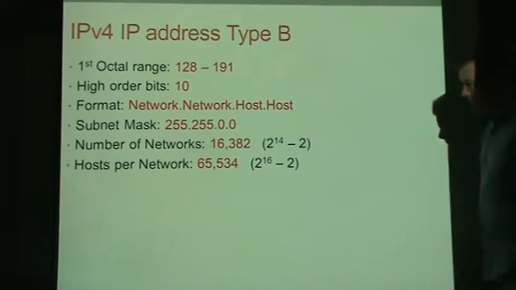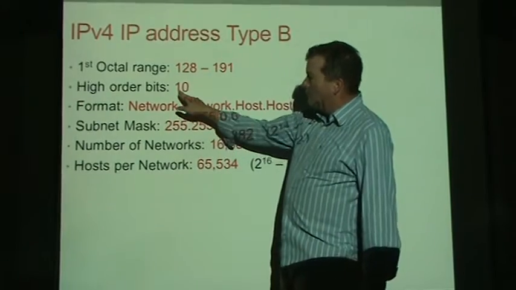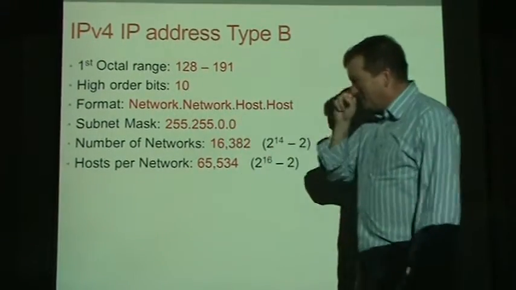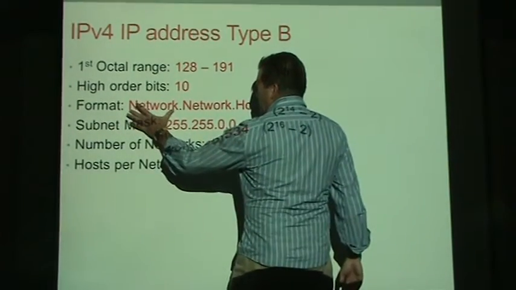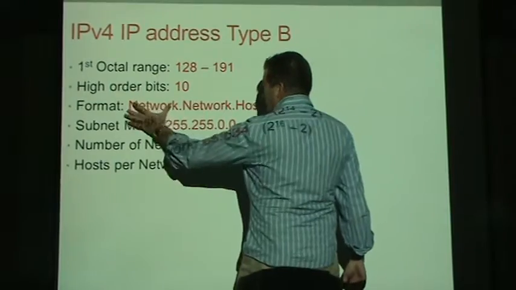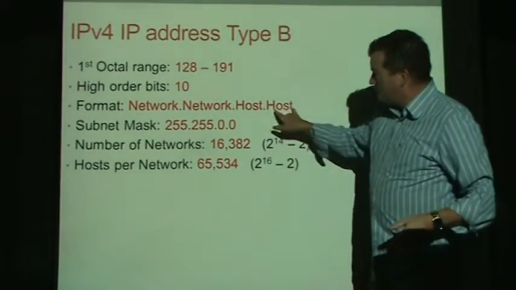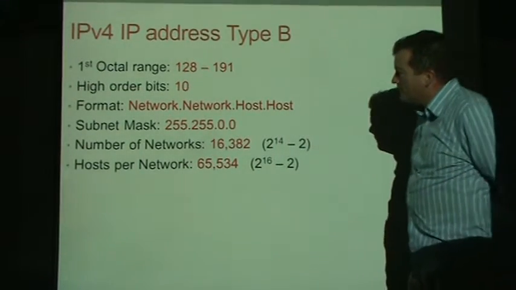The type Bs are the ones where the high order bit starts with a 1 and a 0. 1 meaning not A, 0 meaning B. It's a B. So now that means the first 2 octets represent the network, and the last 2, or the last 16 bits, represents which machine on that network.